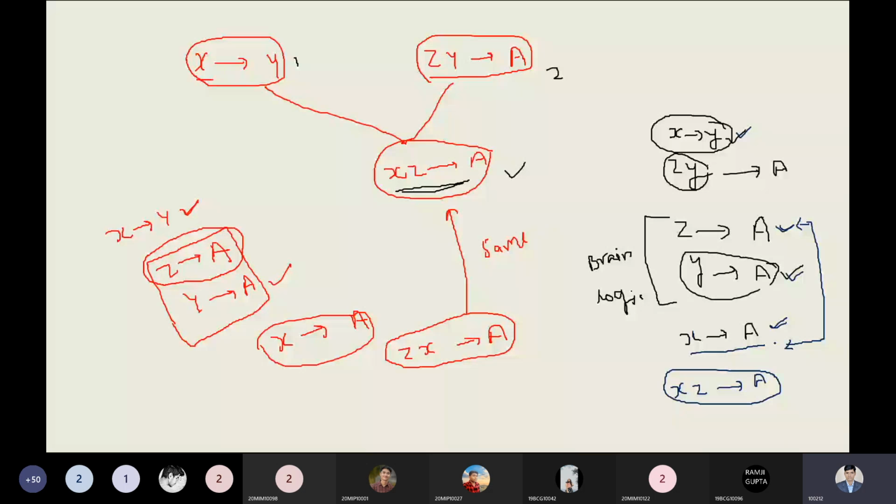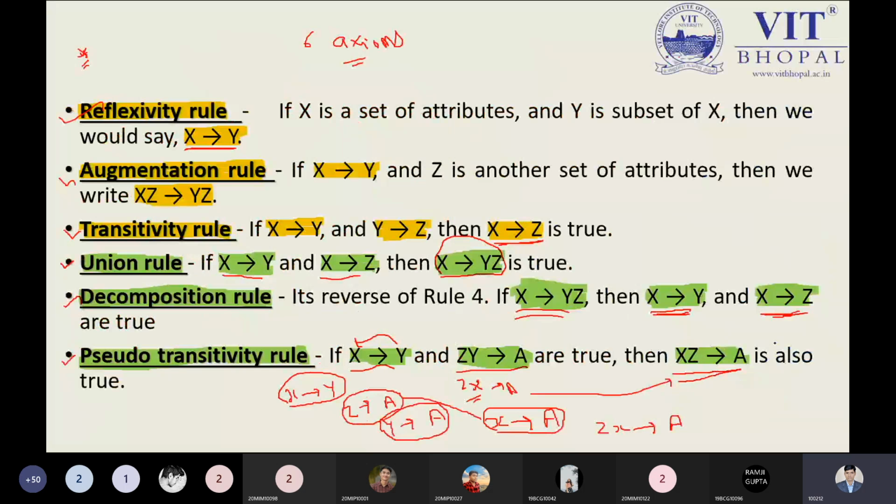So except X determinant to A, how are we getting it, I have explained the pseudo transitivity rule. We are applying the transitivity implicitly. So if we have any condition where X determinant to Y and ZY determinant to A, we can also use XZ determinant to A while applying the pseudo transitivity rule. So if we get stuck in any problem to determine the functional dependencies, we can use such a thing properly.